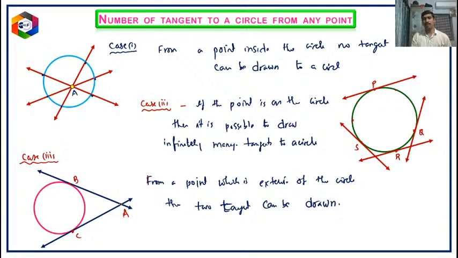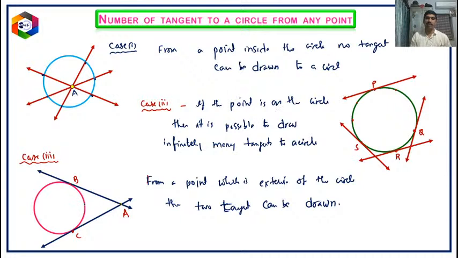So here, the number of tangents to a circle is an important concept, not problems. From this we may not get any problem, but bits. So if you consider a point which is inside the circle, no tangent can be drawn. Why? Because all are secants. If you take the points on the circle, at each and every point it is possible to draw a tangent. Therefore infinitely many points exist, therefore infinitely many tangents can be drawn.